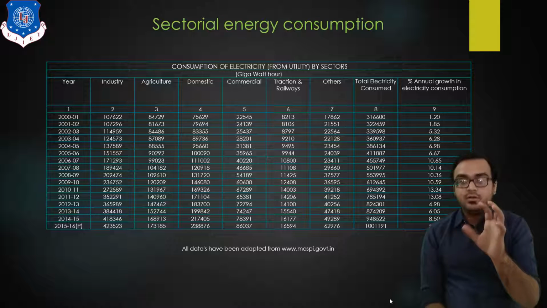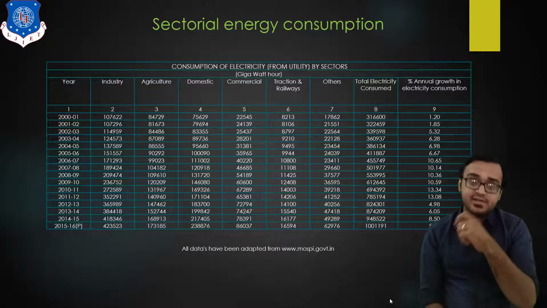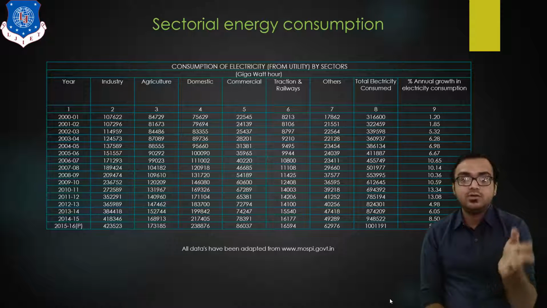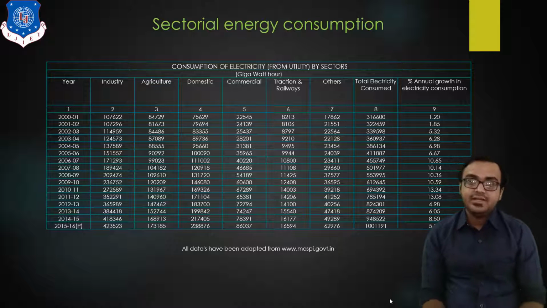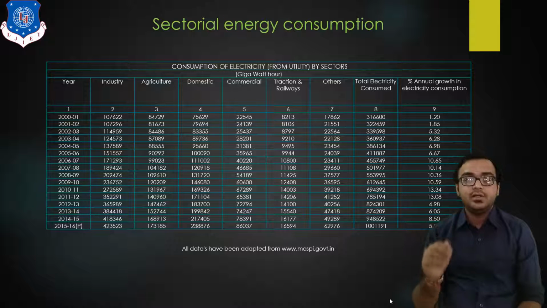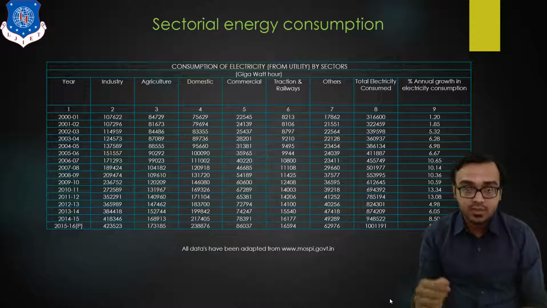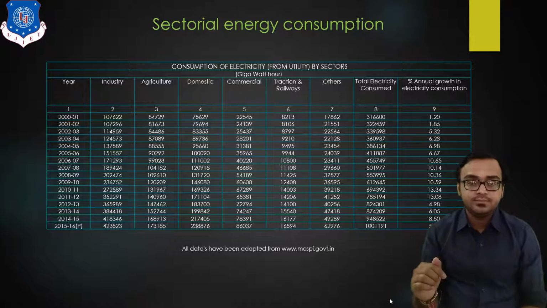In this table, one of the greatest demands for electricity is in the industrial sector compared to the others. On the right hand side, you can also observe the percentage increment in the demand of electricity year wise. For example, in the year 2001 and 2002, the demand increased by 1.85% compared to 2000 and 2001.